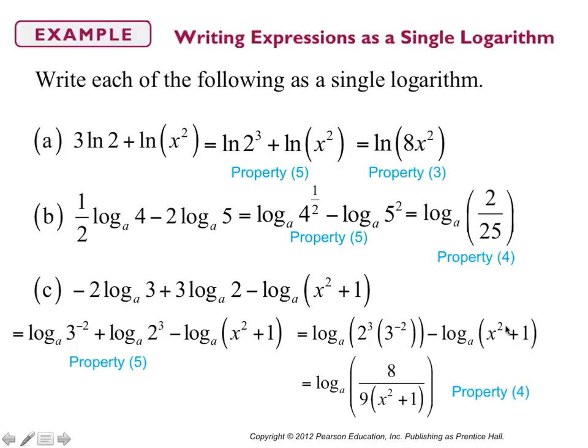So we really have 8 over 9, and then this minus that turned our part over here into division. So we are just left with x squared plus 1. So we've now written it as one nice logarithm. And again, the previous problems were just basically opposite. So they would give you something like this and have you work backwards until you get to this spot right here.